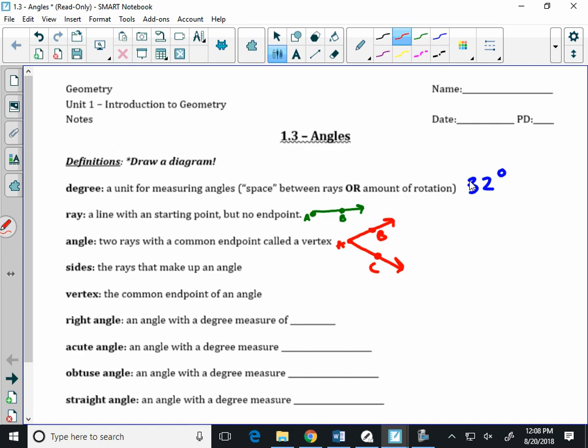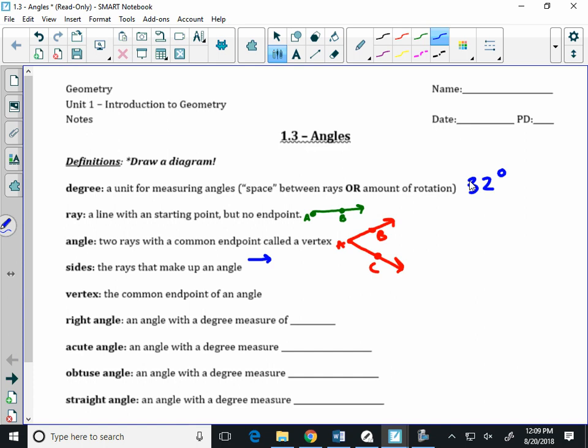So here we're going to talk about how to name a ray. To name a ray, all you have to do, very similar to how you name a line or a segment, you just draw a mini ray. Mini ray, like so. Really important with rays: we talked about lines and segments, no order was necessary for the points.